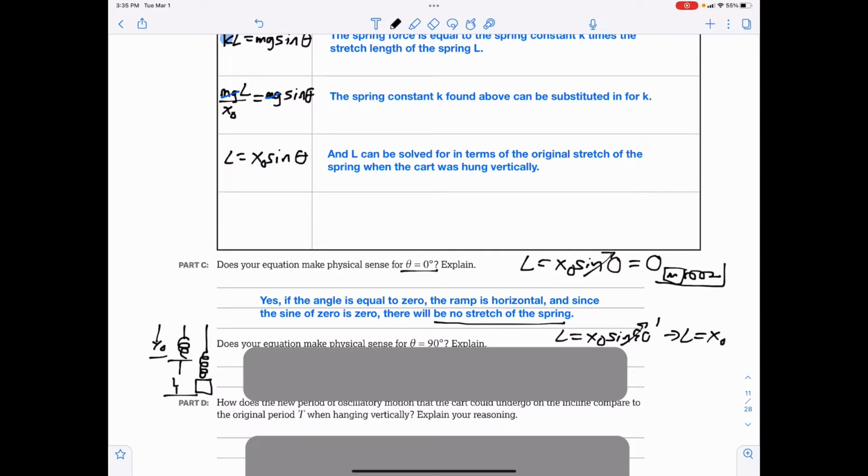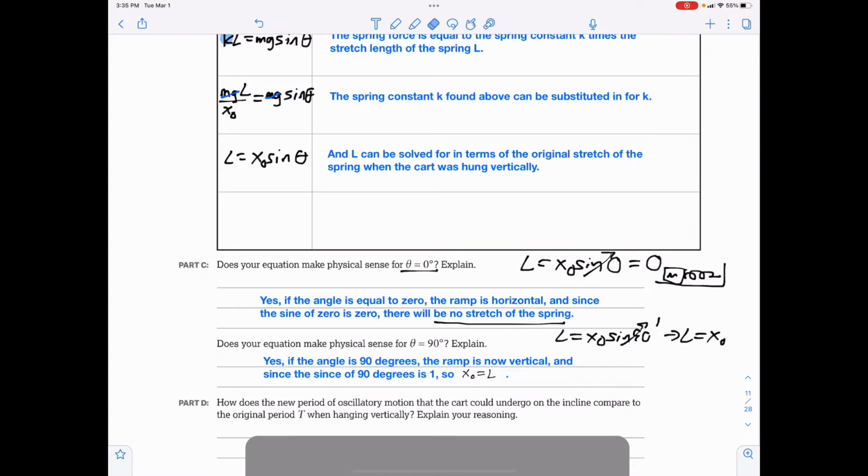That does make sense. So if the angle is 90 degrees, the ramp is now a vertical ramp, since the sine of 90 is now equal to 1, x naught equals L.